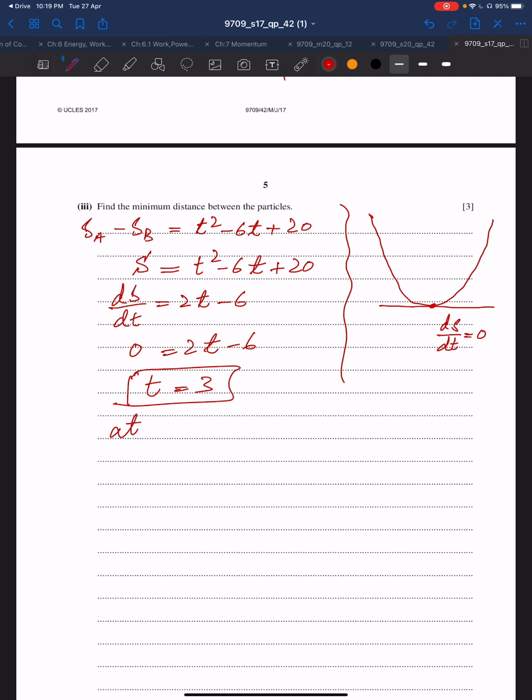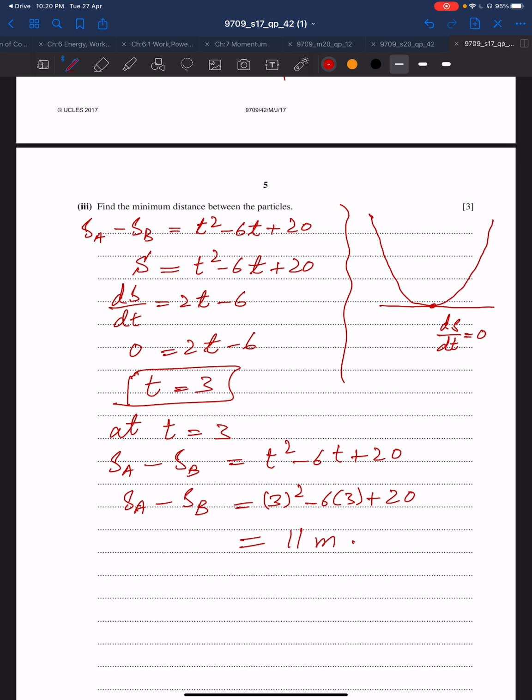So at t equal to 3, S of A minus S of B is equal to t square minus 6t plus 20, that is 3 square minus 6 into 3 plus 20. This becomes 9 minus 18 plus 20, and this will be 11 meters. So the minimum displacement between the particles A and B will be 11 meters.